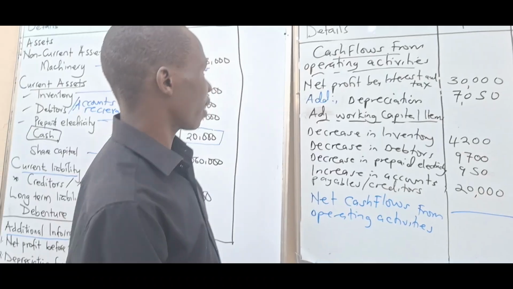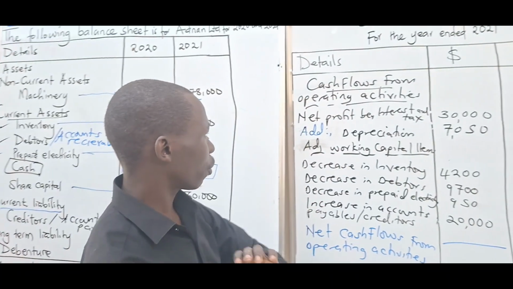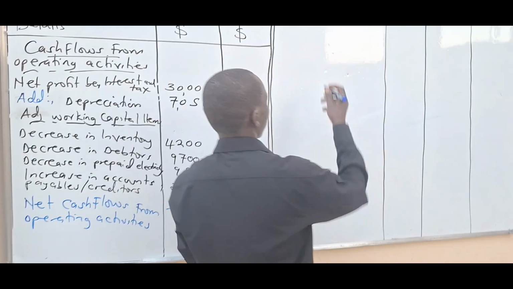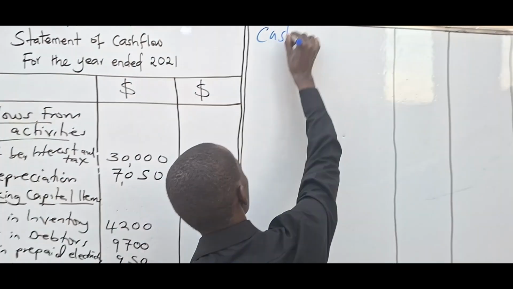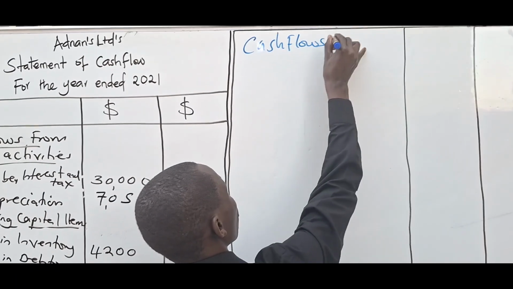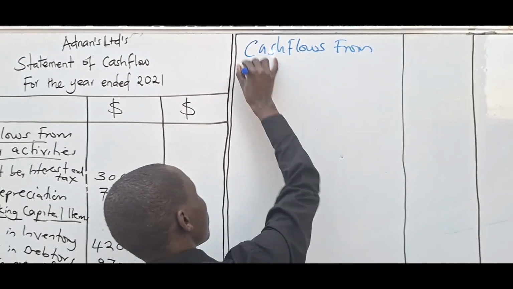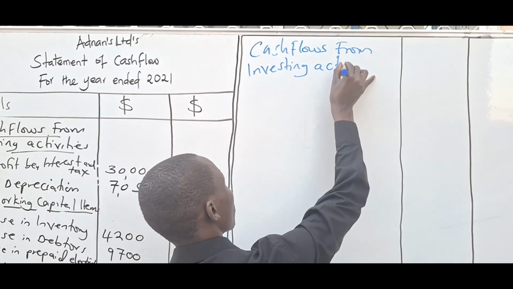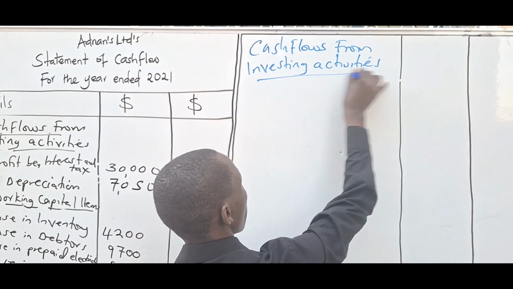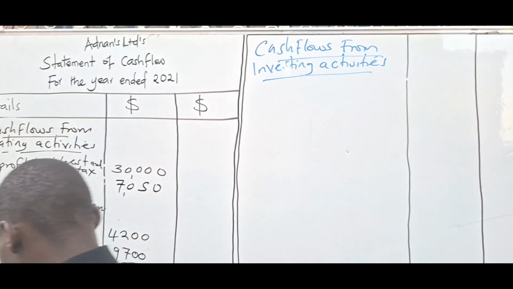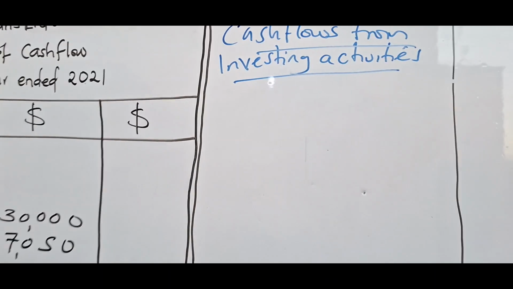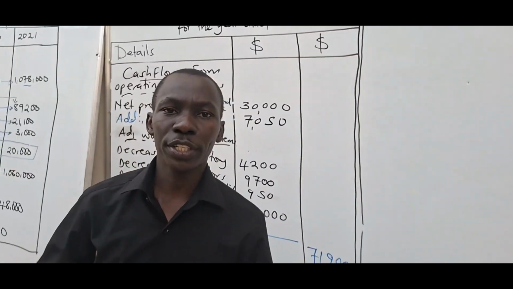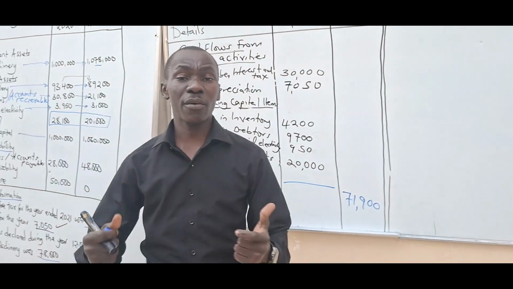Let me look at another component of cash flow, that is cash flows from investing activities. In cash flows from investing activities, I told you we are basically looking at long-term assets, or what we call non-current assets.